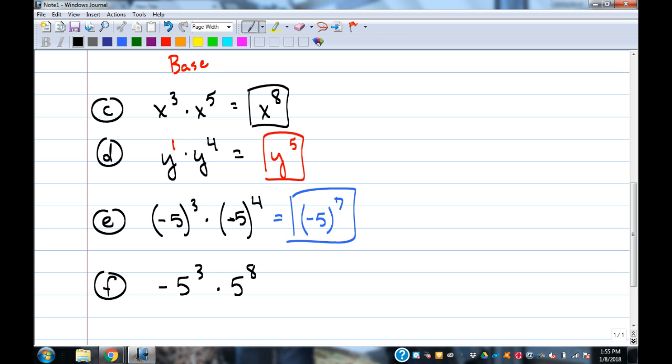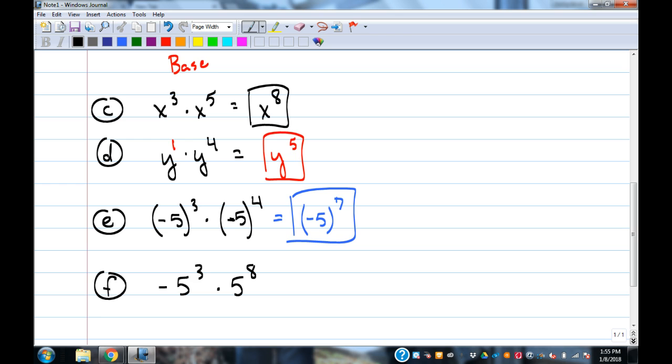So what's the base in this problem? In example F. Is it -5 or +5? Well, this one's only one negative and that one's not. Here's the thing with this, and it stems back to order of operations.